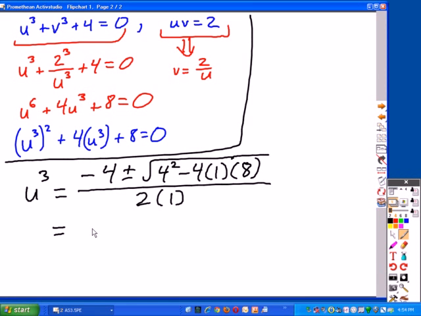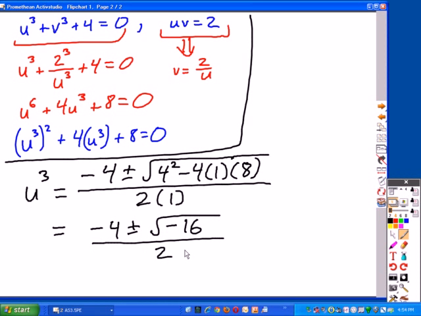And so that becomes negative 4 plus or minus the square root of minus 16, because this is 16 minus 32, all over 2.